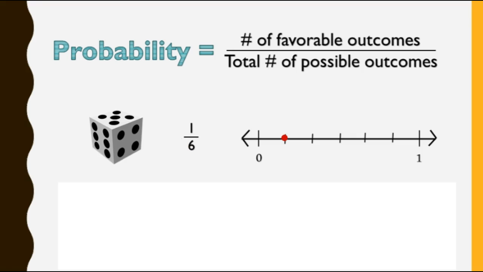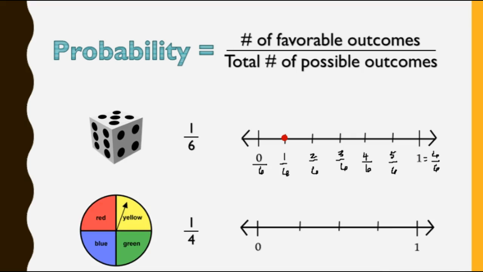So it's 1/6. This right here would be no chance, 0 out of 6 chances. This would be 1 out of 6, 2 out of 6, 3 out of 6, 4 out of 6, 5 out of 6. And over here, that would be the same as 6 out of 6. And we know that if the numerator and denominator are both the same number, then it equals 1.